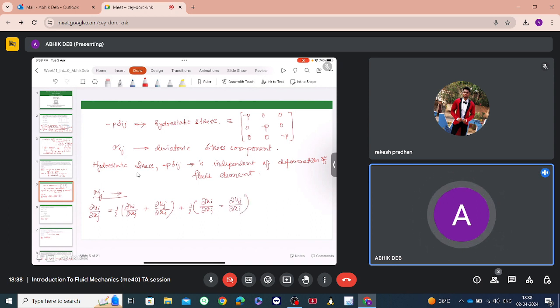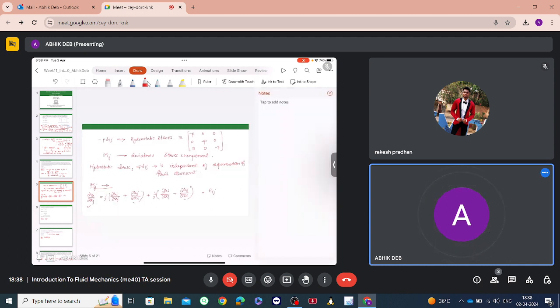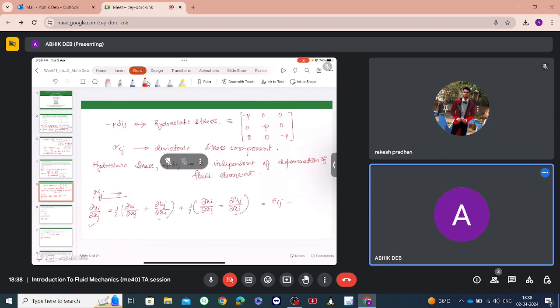Right, these two terms get cancelled, so this is coming to this one. Now this can be written as eij. Half of del ui by del xj plus del uj by del xi is the strain eij, and this is half of gamma ij.